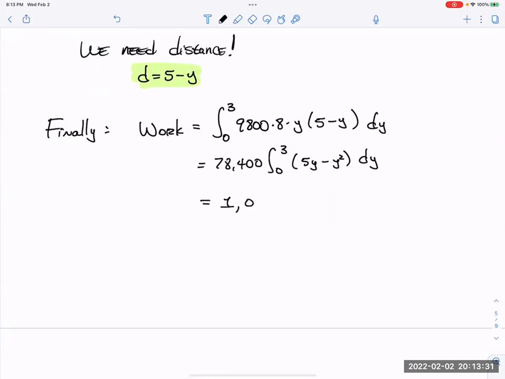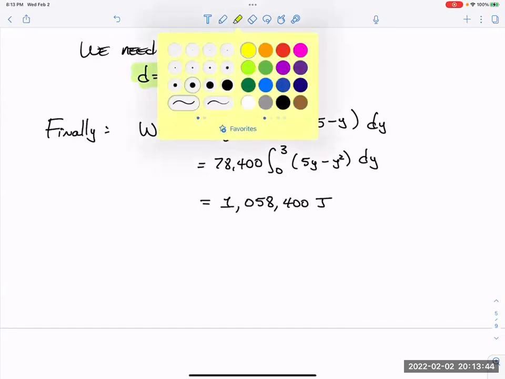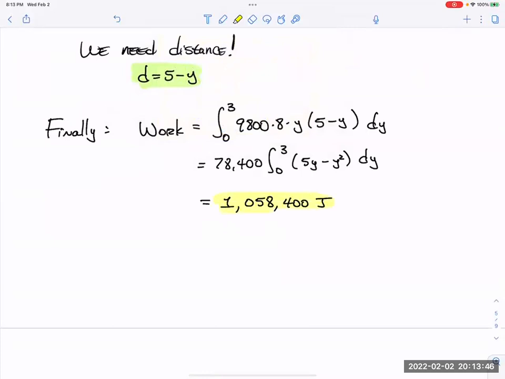I'm not going to show it. 1,058,400 joules. And that right there is the final answer. Okay. So there you go. The tank problems, there's one of those.